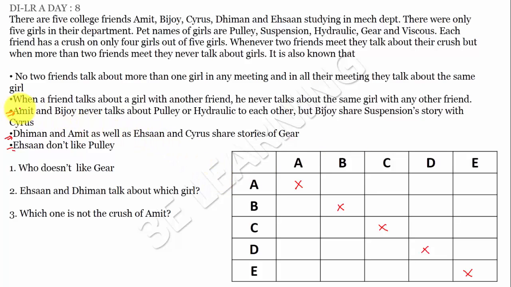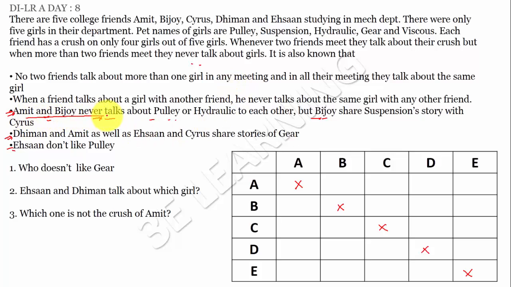So always do one thing: read the question, make a matrix if it is a matrix problem, or create a chart if it is a chart problem. Write all the data in your own language, because reading the data on the screen every time is not an easy task, and the data is hidden somewhere between the passages. So first write all the data.